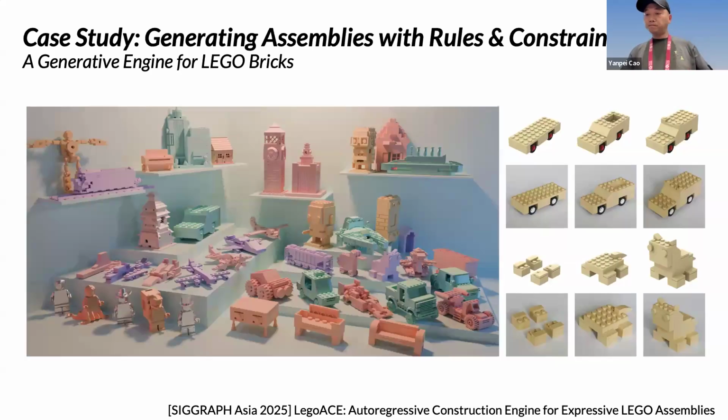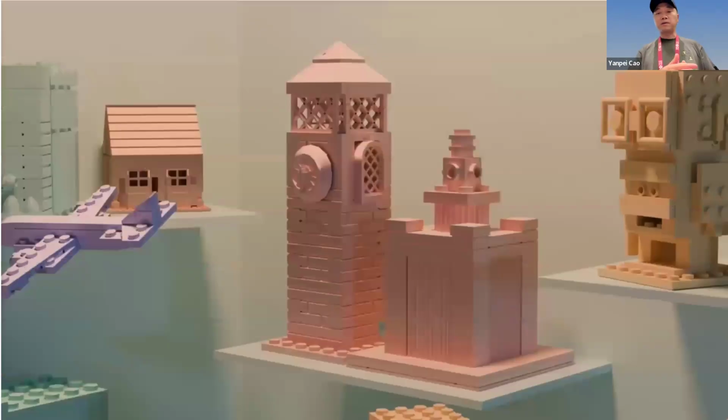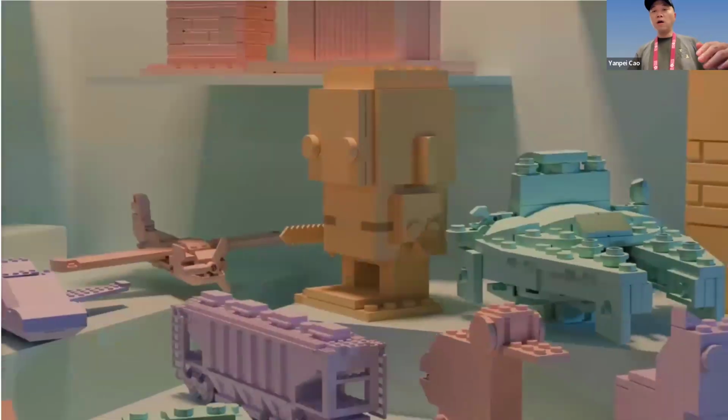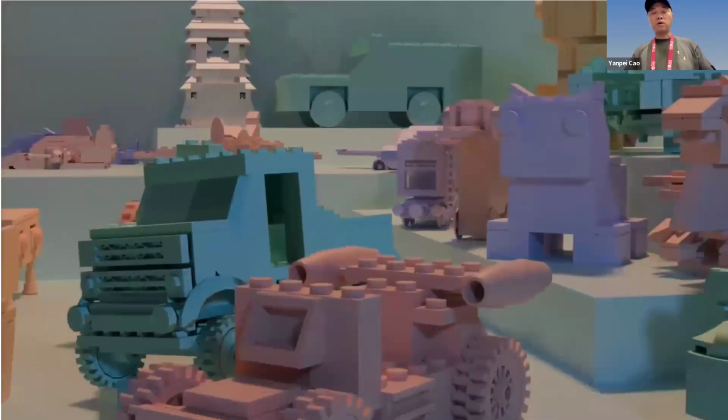This ability to generate assemblies that adhere to physical or logical constraints is absolutely critical for creating valid and useful digital twins of mechanical or architectural systems. Here we show the kind of expressive and complex assemblies we are achieving, like models with both semantic meaning and structural integrity.